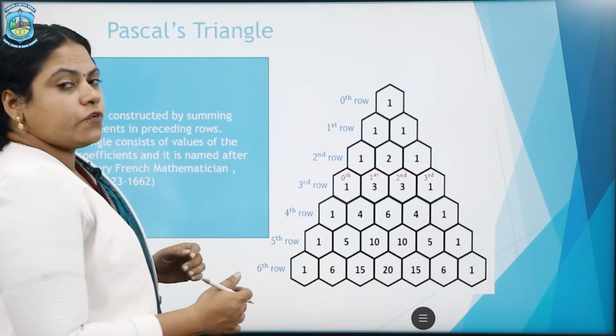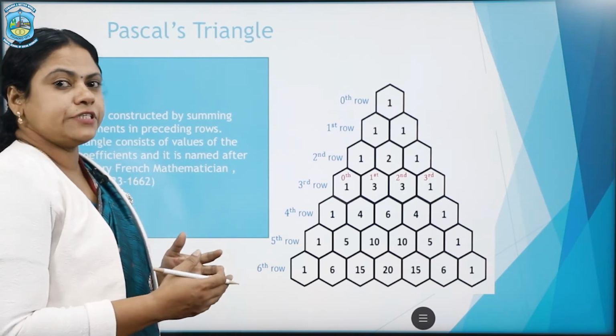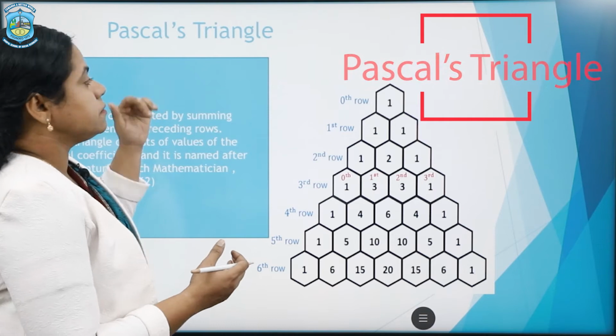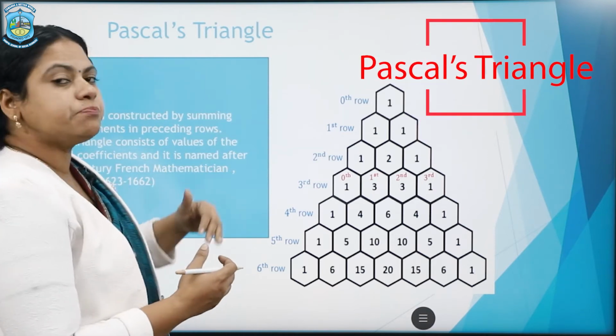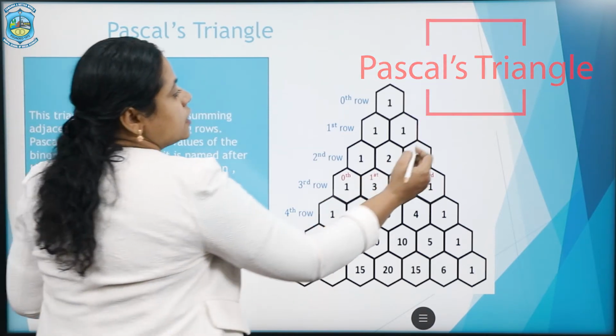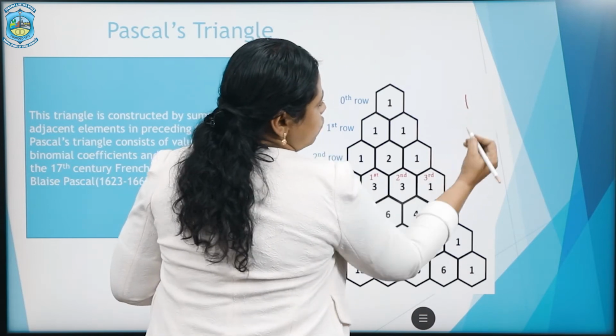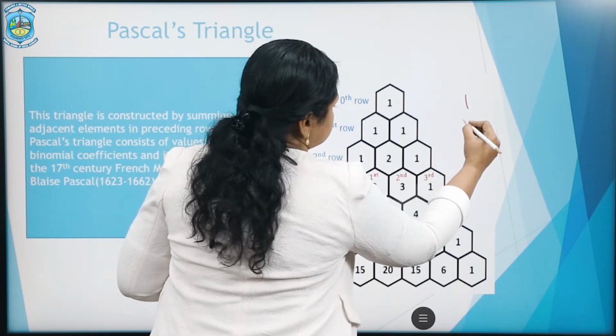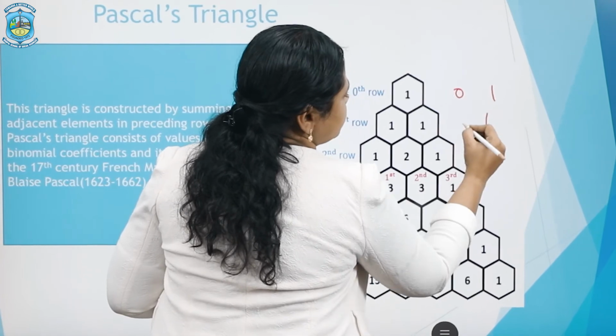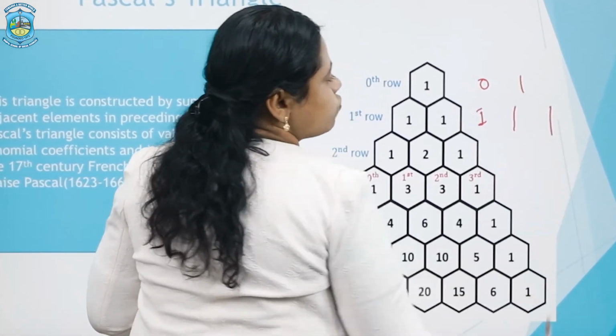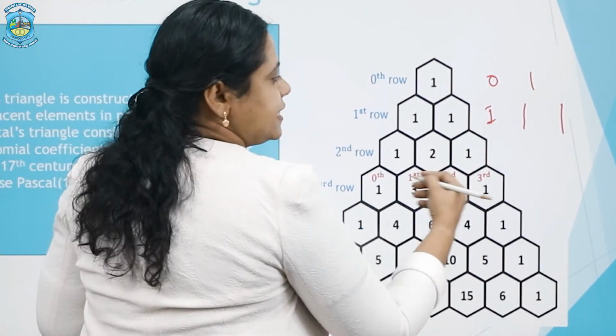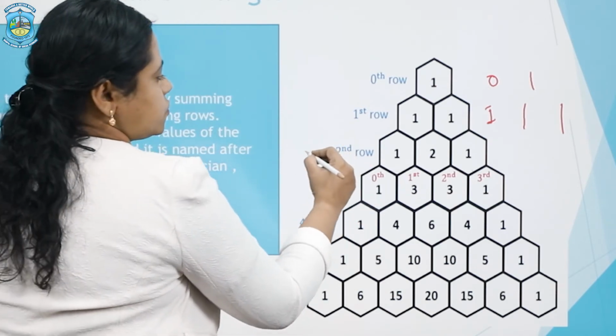The second method for finding the numerical coefficient in binomial expansion is Pascal's triangle. Let's see how this Pascal's triangle is developed. The first one is 1, and it is considered the 0th row. Then the first row is 1 and 1. Now how can we develop the second row, which is shown here?